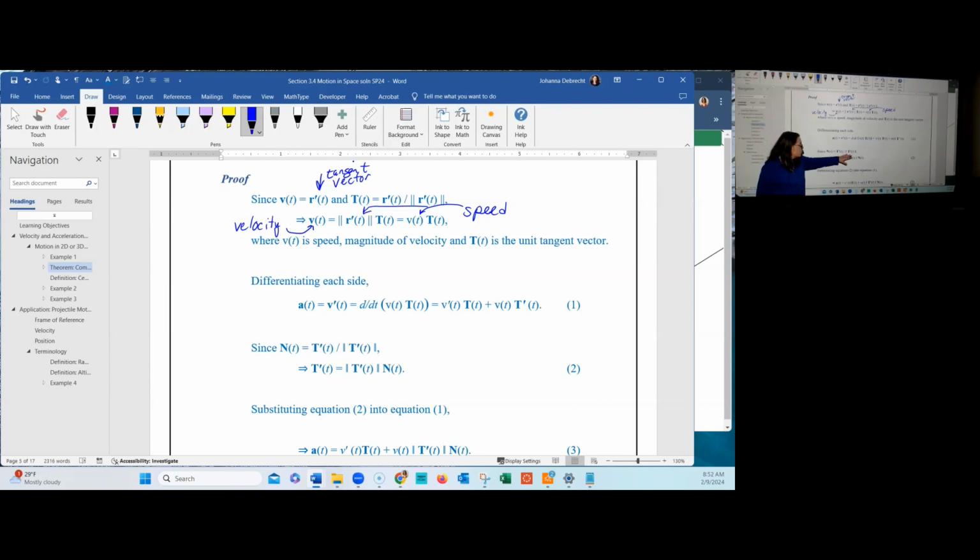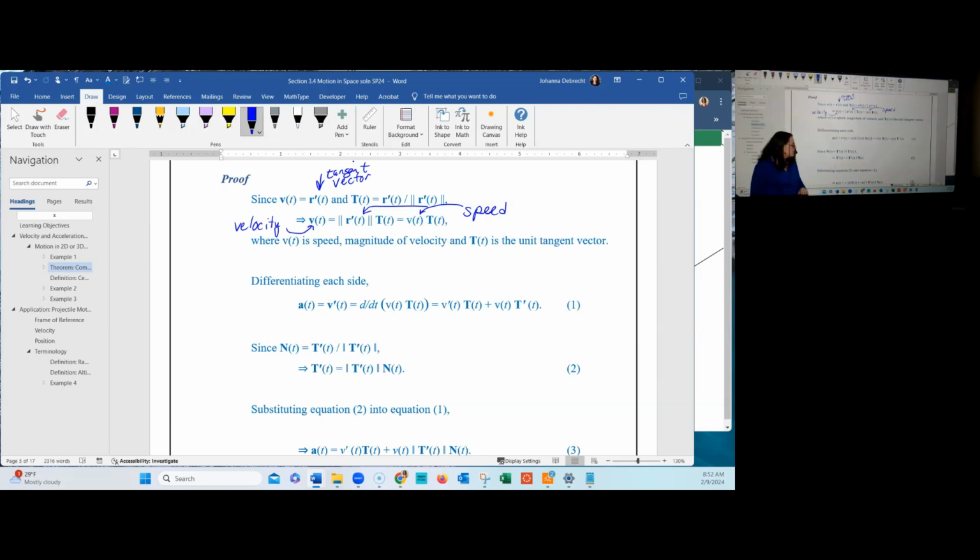So this is the normal vector, which means that I can rewrite this derivative of the unit tangent vector in terms of the normal vector and the magnitude of the derivative of the unit tangent vector. So it becomes this relationship here in 2.